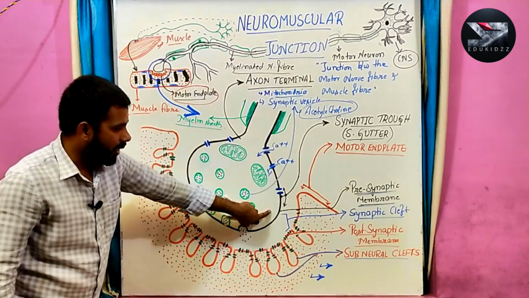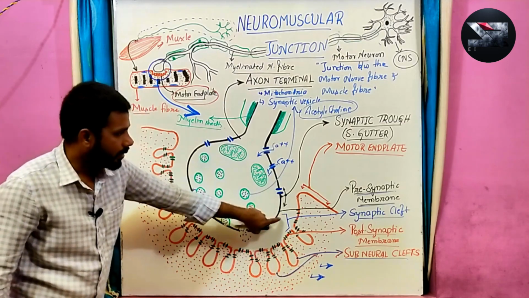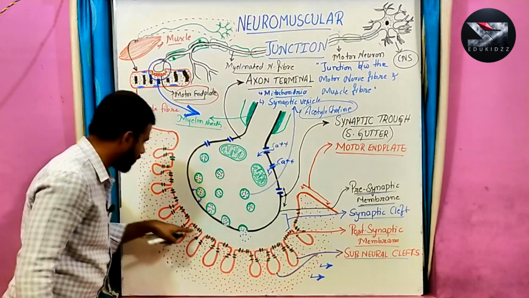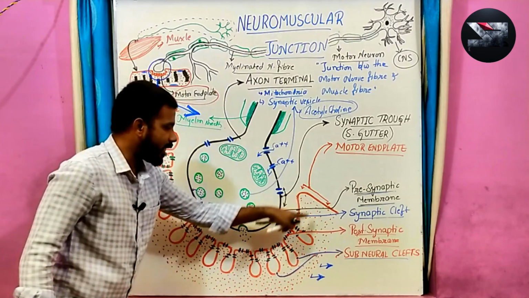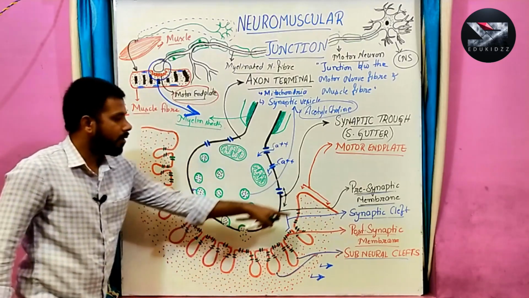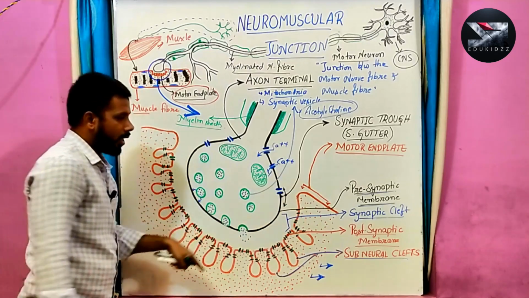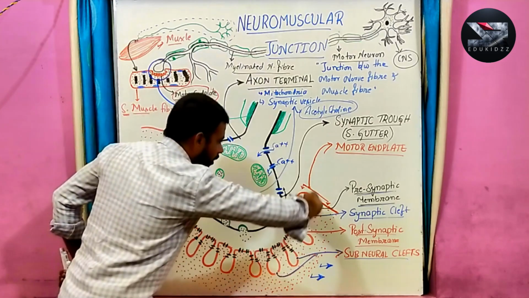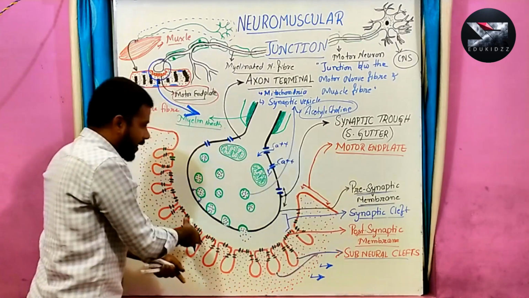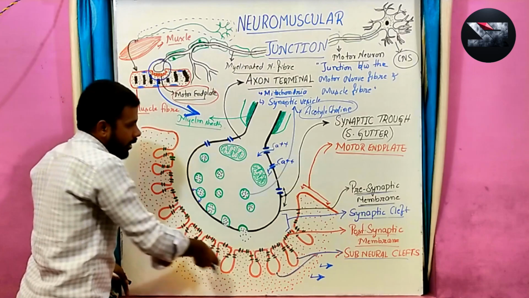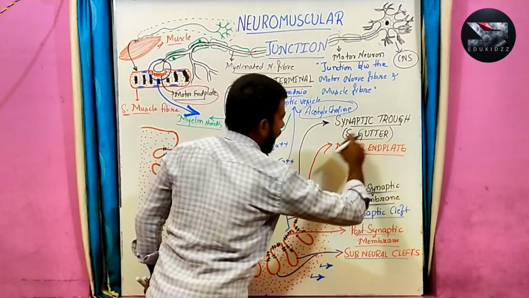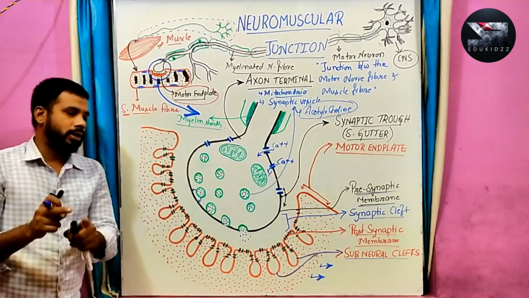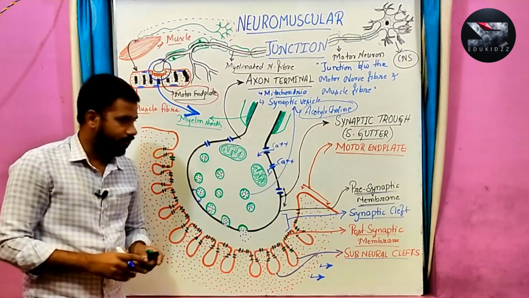This presynaptic membrane is followed by a space called the synaptic cleft, which is followed by the postsynaptic membrane. The postsynaptic membrane is the sarcolemma of the muscle fiber, and this thick portion of the muscle fiber that is invaginated, that depression, is called the motor end plate. This motor end plate is the muscle part of the neuromuscular junction.